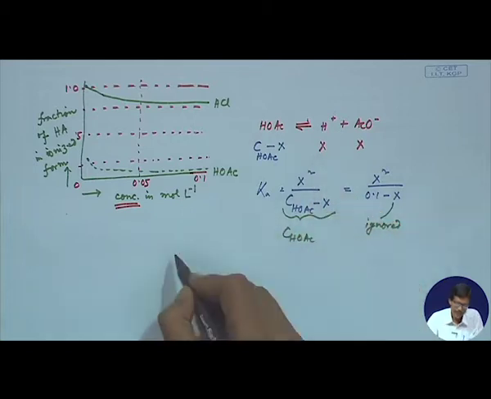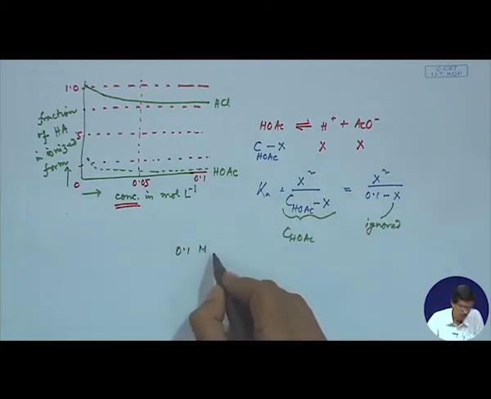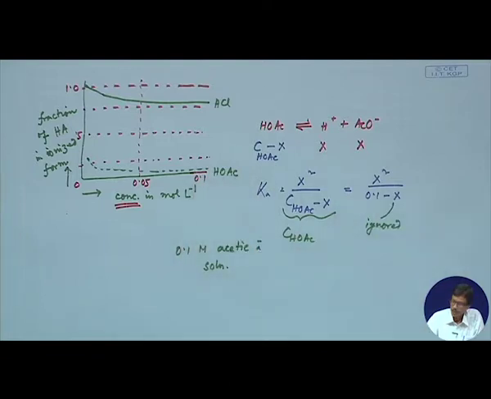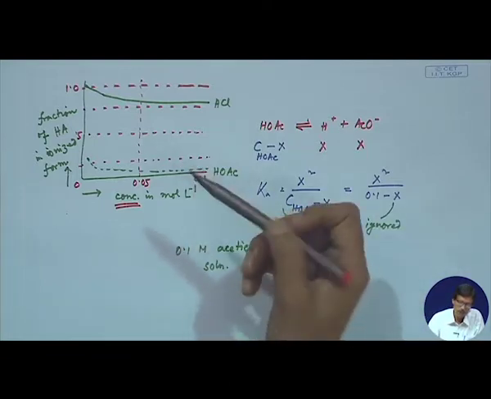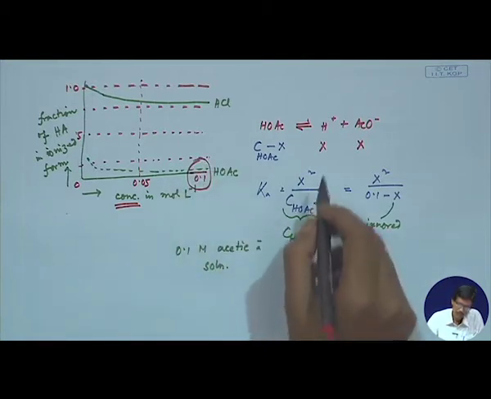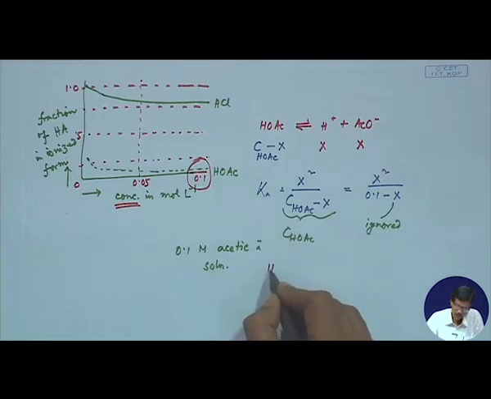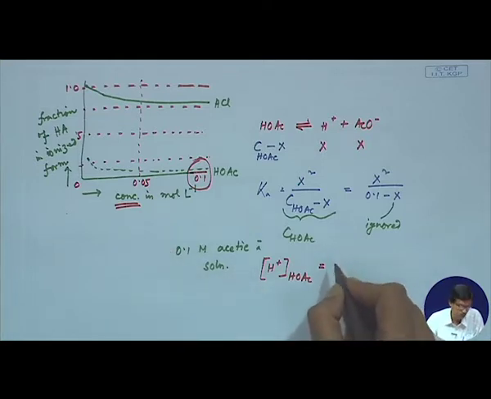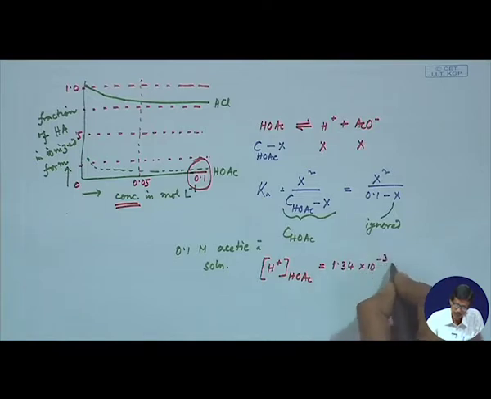That means, for a 0.1 molar acetic acid solution, we should be able to tell the amount of H plus coming out from HOAc, considering the dissociation constant value Ka that we all know. It will be 1.34 times 10 to the power minus 3 molar concentration.